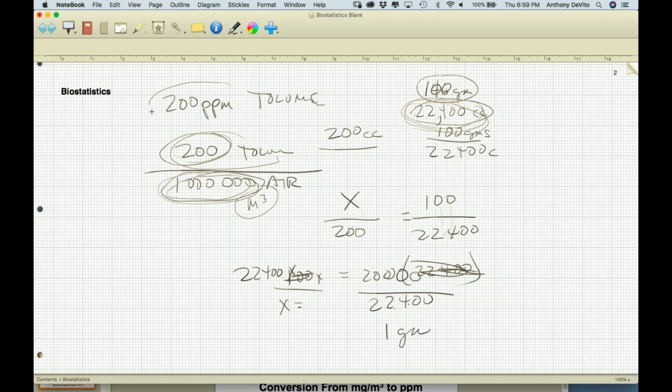So 200 parts per million of toluene is roughly equivalent to 1 gram per cubic meter. Wasn't it 0.745? I might have gotten the molecular weight a little bit wrong, but that's roughly what the equivalent was when we looked at that slide. It was roughly 3/4 of a gram, because maybe toluene is not exactly 100, but 92. So there you go.